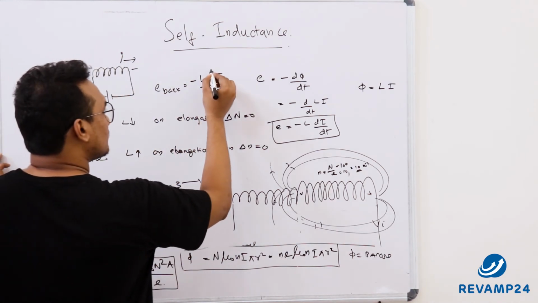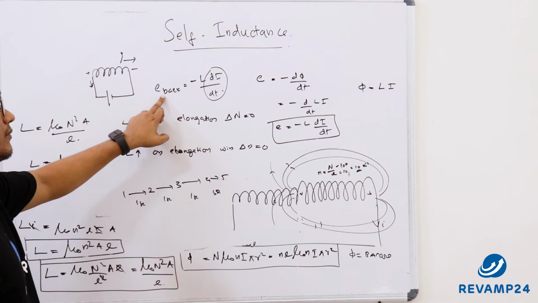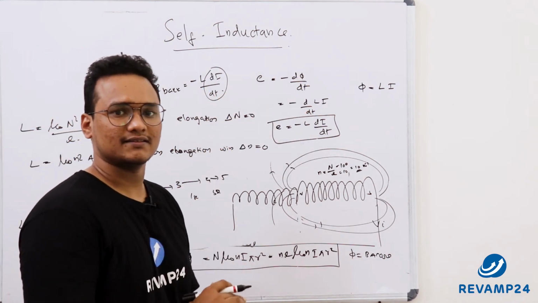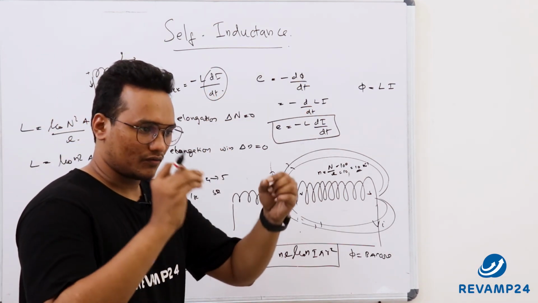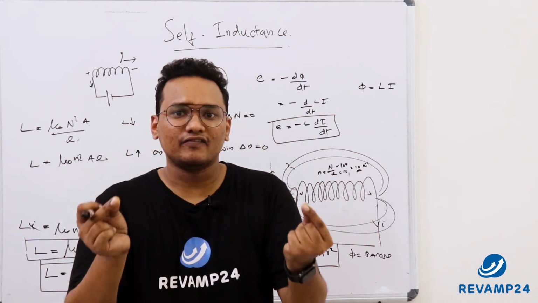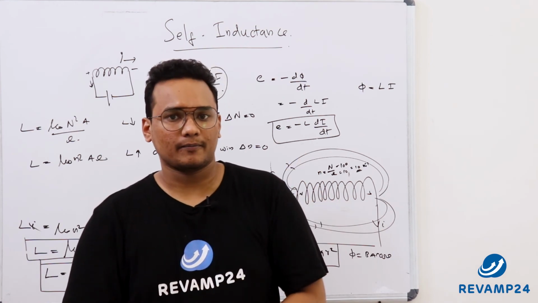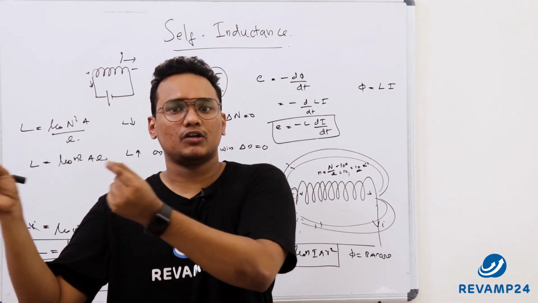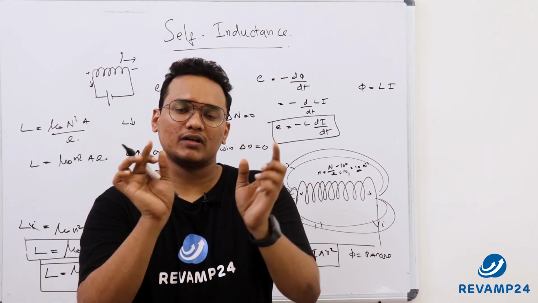Now in that case, when this becomes 1, then back EMF is equal to self-inductance. Easy, no? So we are making a coil and we are sending current in such a way that in every 1 second the change is 1 ampere. So 1 to 2, 2 to 3, 3 to 4, that change will happen in 1 second.